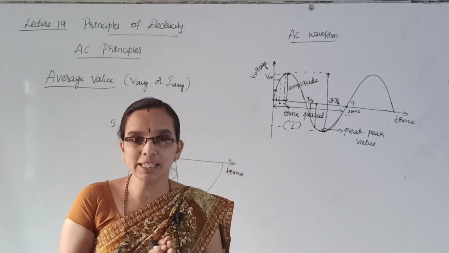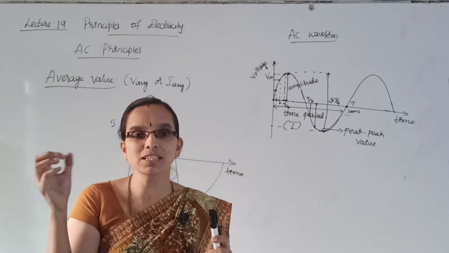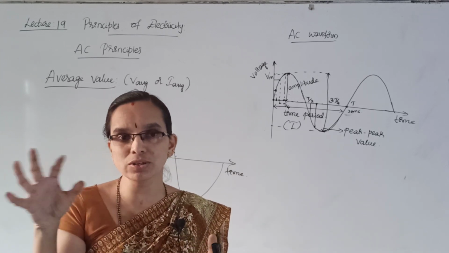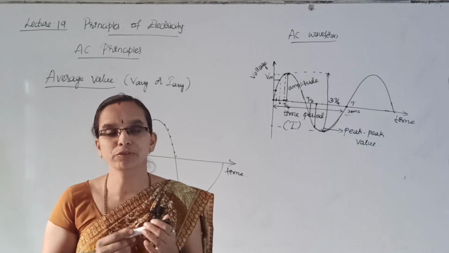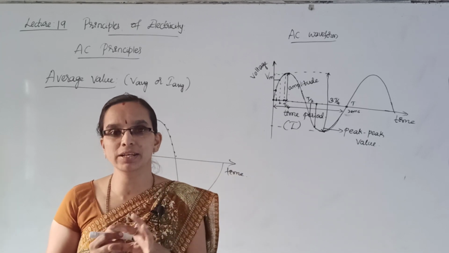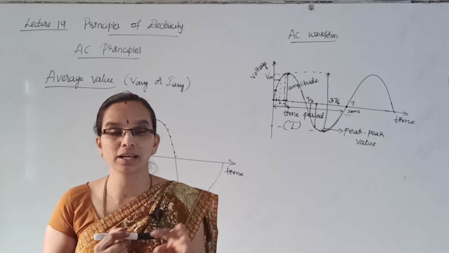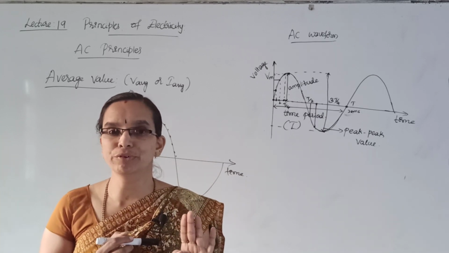Average is nothing but if you have so many values, you add all those things and divide by the number of components, right. If you have 5 values, add all those 5 values, arithmetic mean you can take, add all those things and divide by 5.